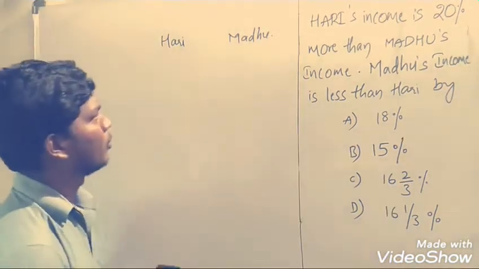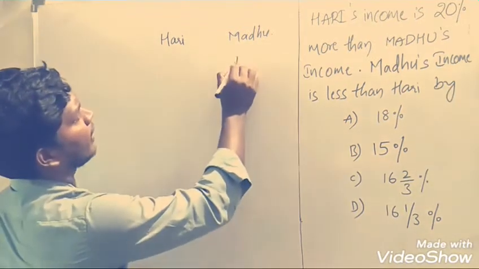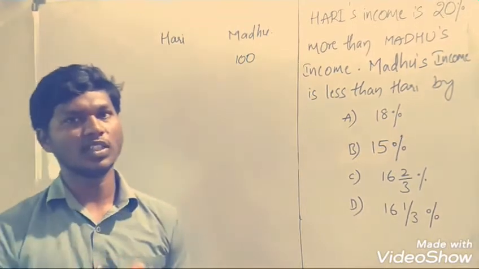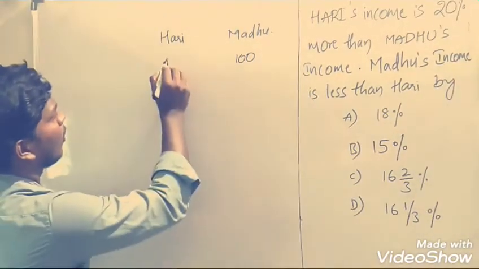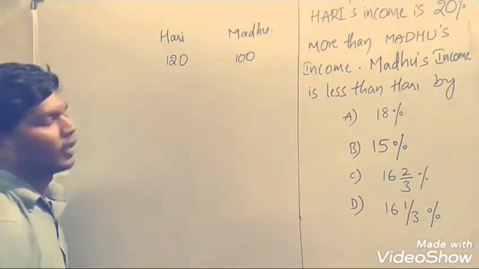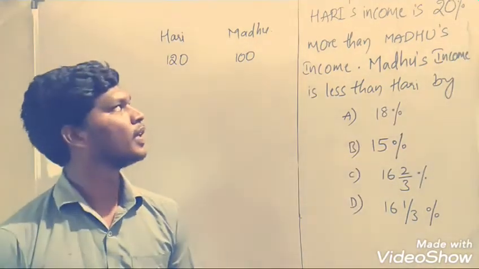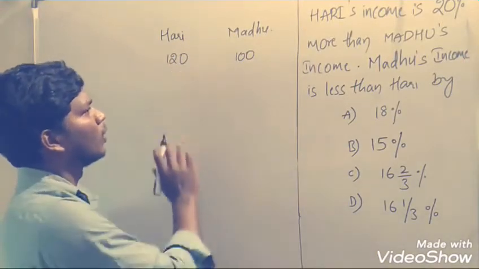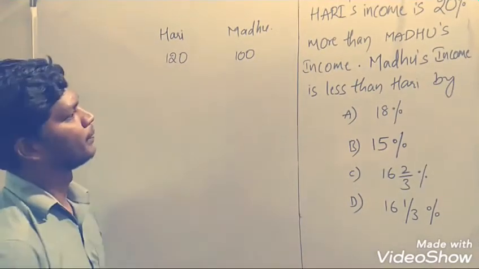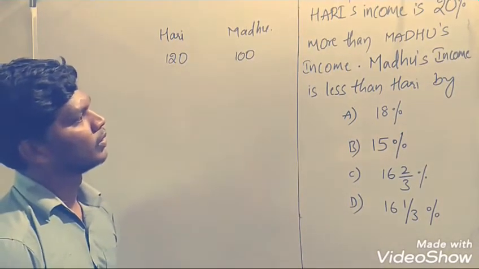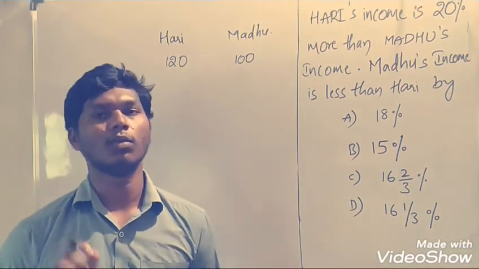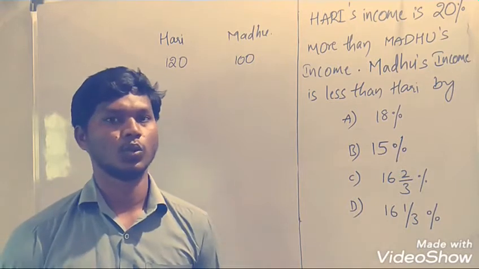See friends, suppose Madhu's income is 100, then what will be Hari's income? 20% more, that means 120, right? So let us take this as an example. Madhu is 100, then Hari's will be 20% more, that is 120. Now what formula must we use, formula number 1 or formula number 2?